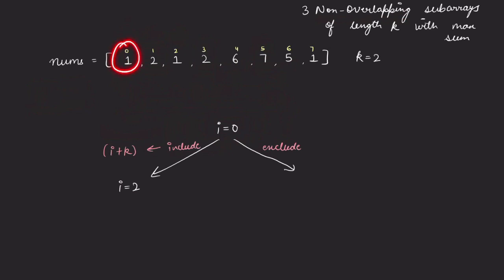And if I am not starting a subarray from this index, then I can simply move on to the next index and decide whether to start a new subarray from there or not. In that case, I will simply do i plus 1 and go to i equals 1. Now again, for these two indices I have a similar choice, but hold on. Here I have started a new subarray.